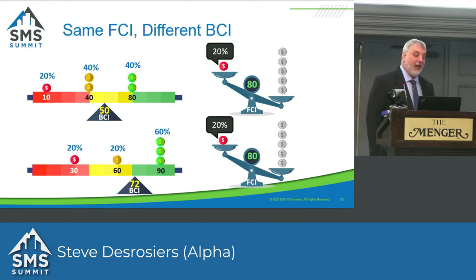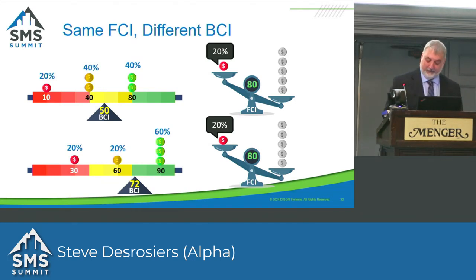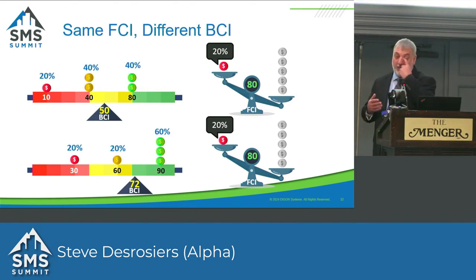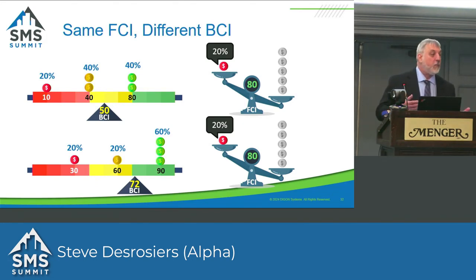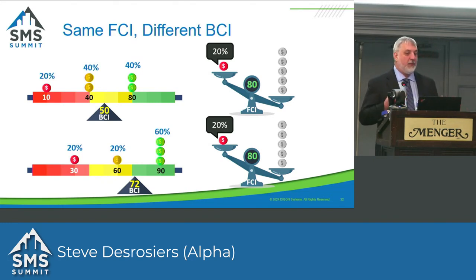Very soon, that upper left is going to have a really bad FCI, but today, it's got an 80 FCI. So that is what we came up with for visualizations to try to make it easier to understand what is going on in a building with BCI and FCI. I hope y'all liked it.